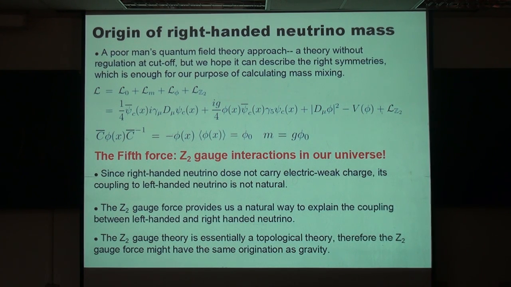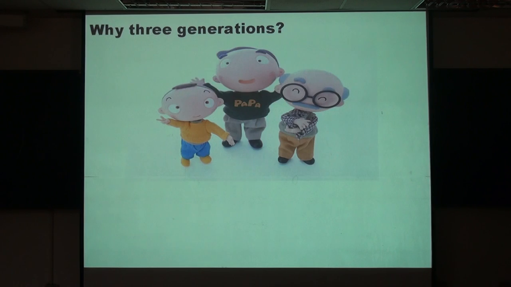The second point is that this Z2 gauge force provides a natural way to explain the coupling between the left and right-handed neutrino. And it's essentially a topological gauge theory, so the conjecture is that it might have some deeper connection with the origin of gravity. Now with this conjecture, we can answer the interesting question of why there are 3 generations.